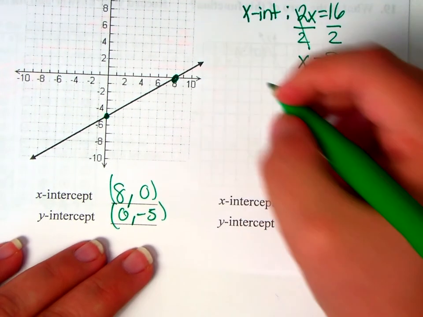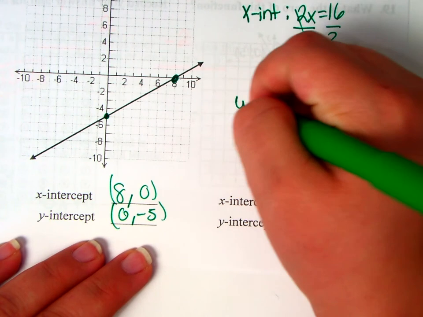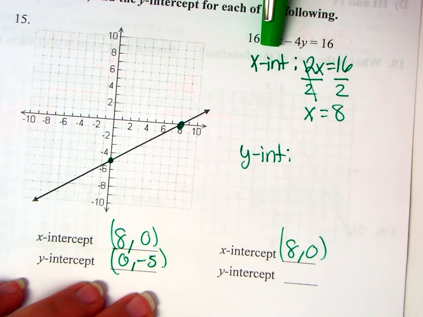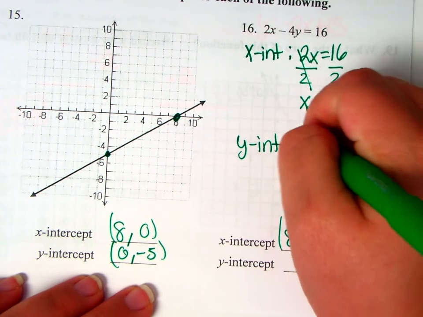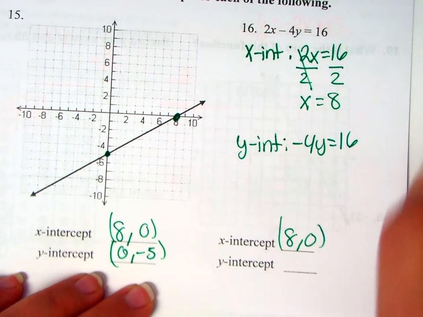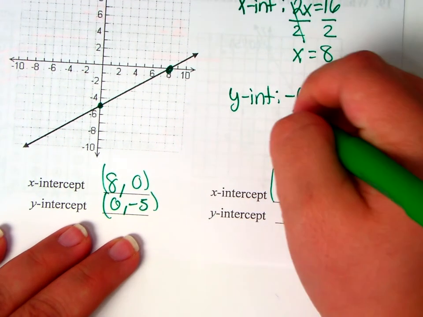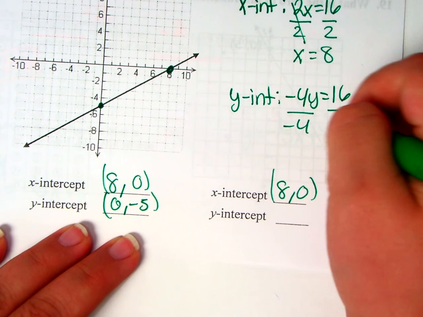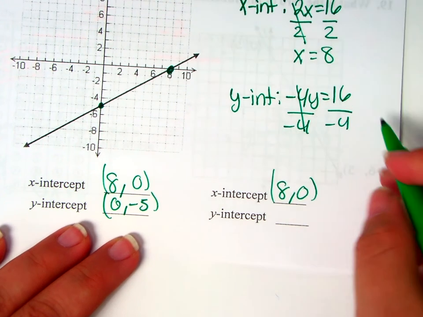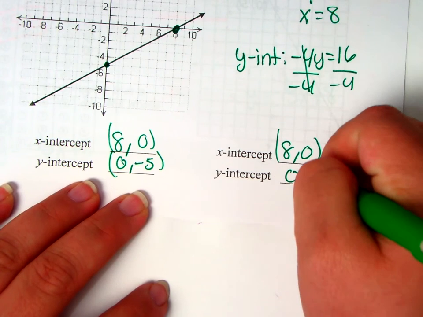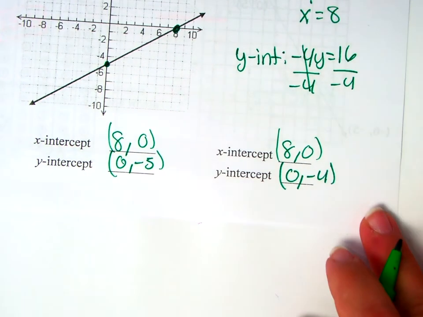Now to find the y-intercept, we cover up the x. So you have -4y is equal to 16. Divide both sides by -4. And you get -4 as your answer. So 0, -4.